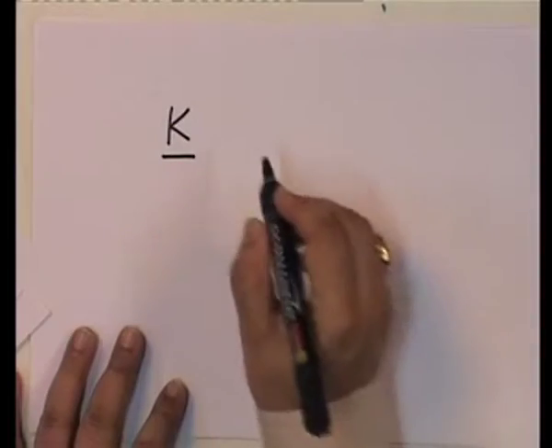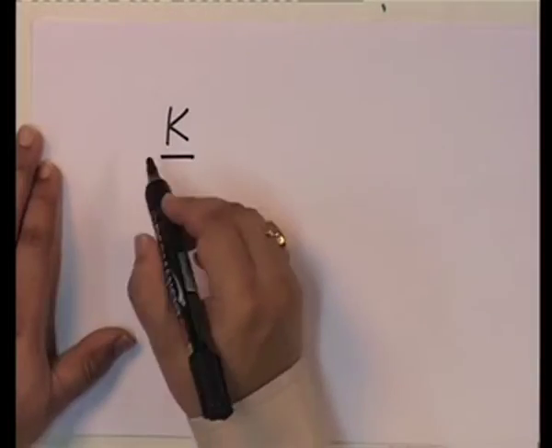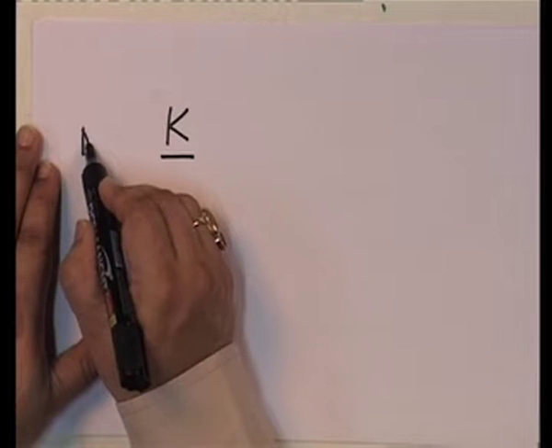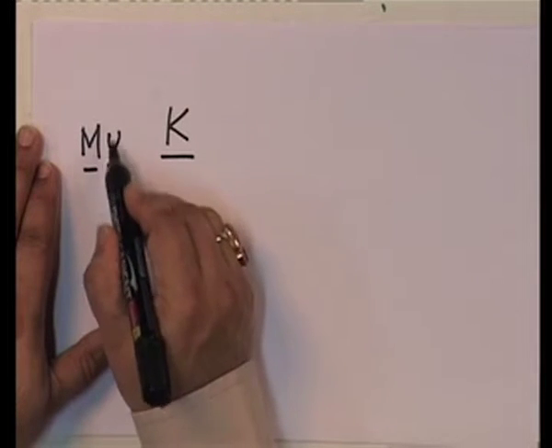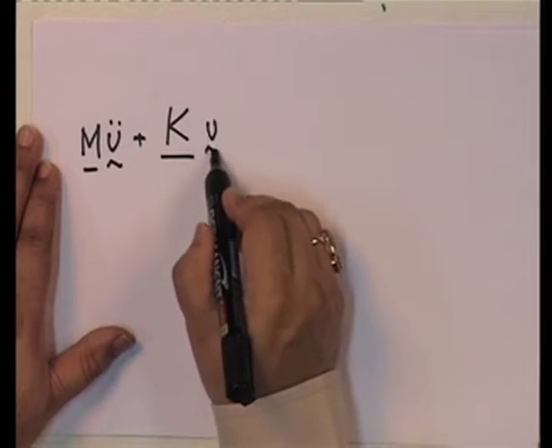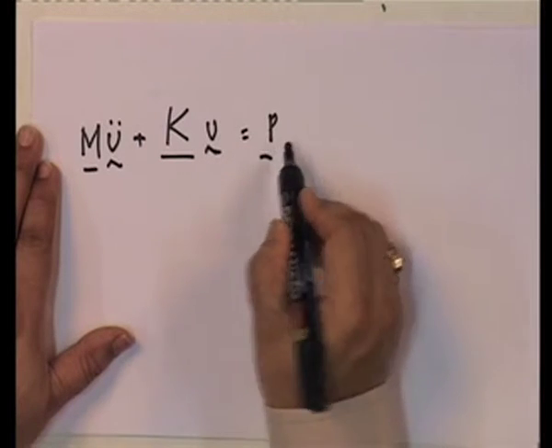So, now the question becomes that I finally have this problem: m v double dot plus k v is equal to p.